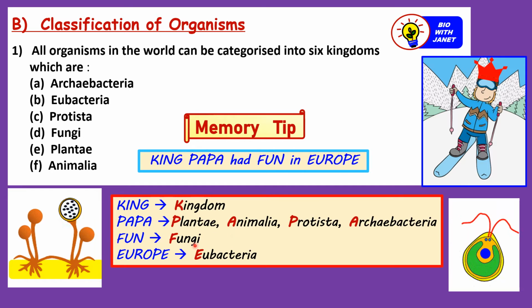Fun stands for Fungi, and Europe stands for, the U stands for Eubacteria. Simple, right? King Papa had fun in Europe. So think of the children of the king. Children of the king call their father King Papa, right? Had fun in Europe. Maybe the king went skiing in the mountains, and he had a lot of fun playing the sport or getting involved in the sport.